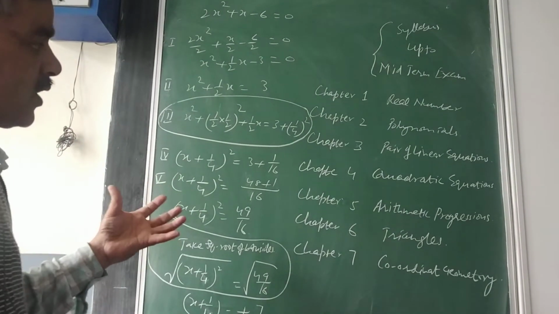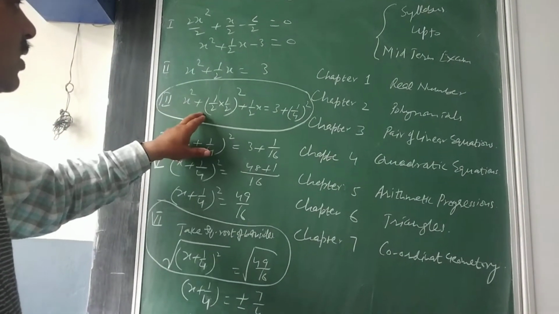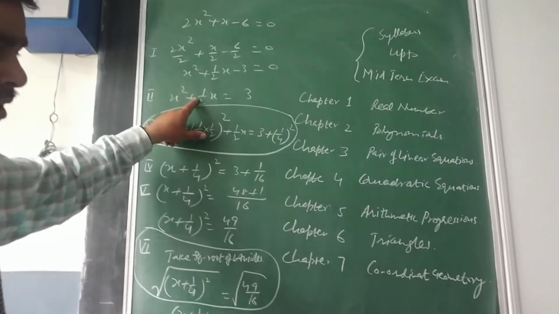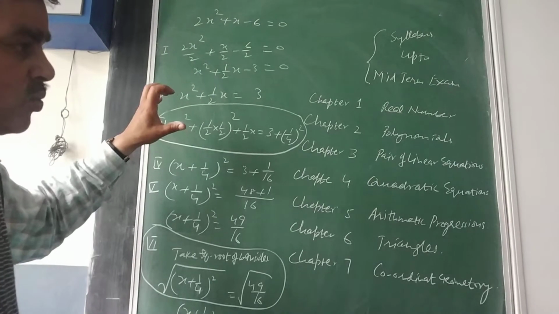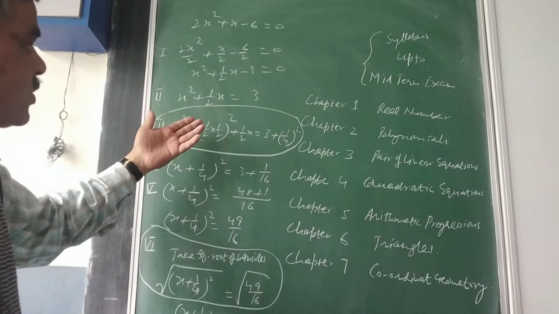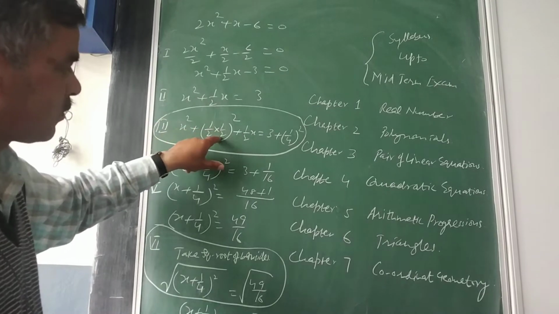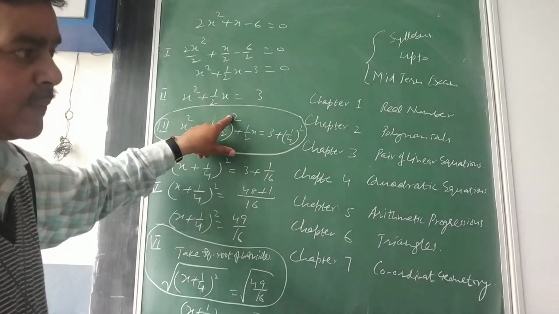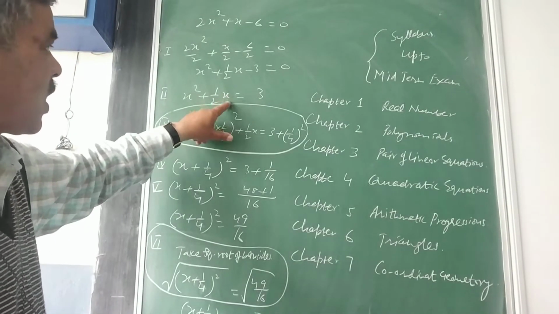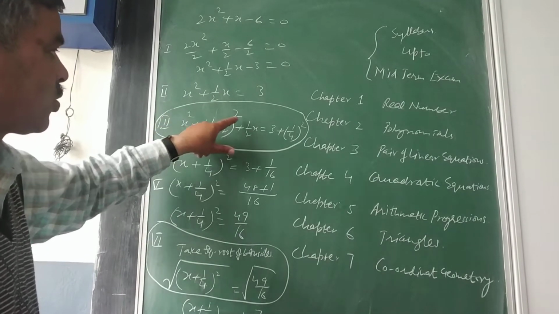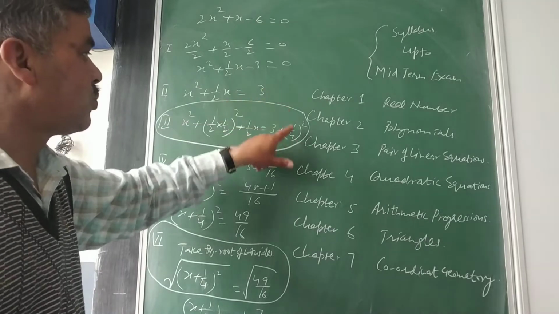Always in step number 3, I told you to check the coefficient of x. What is that here? That is 1 by 2. So I told you to half the coefficient of x. Half the coefficient of x means half of half, and whole square. So half the coefficient of x is 1 by 2, and half of that is 1 by 4, and whole square. I need to add that to both sides.